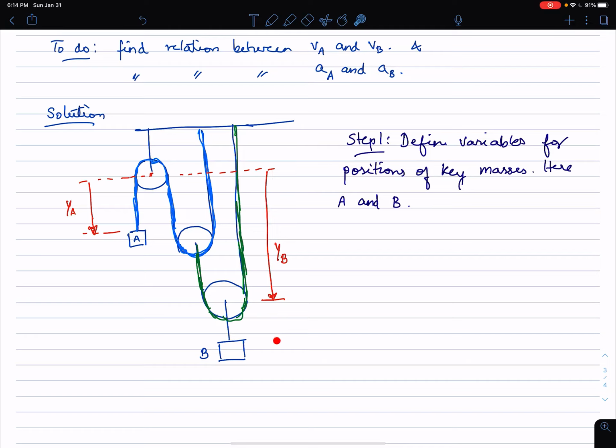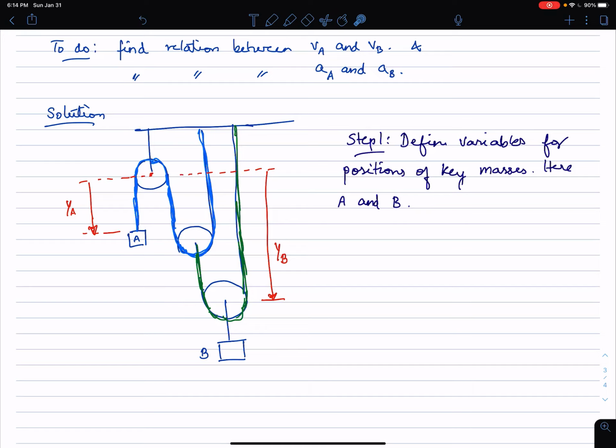Like I said, you can certainly do the problem by defining it until here. Similarly, we could define YA and YB all the way from the ceiling if we want, but we happen to do this from here, which is more convenient. And the distance between the ceiling and this dotted line is a constant because it's the length of this rope.